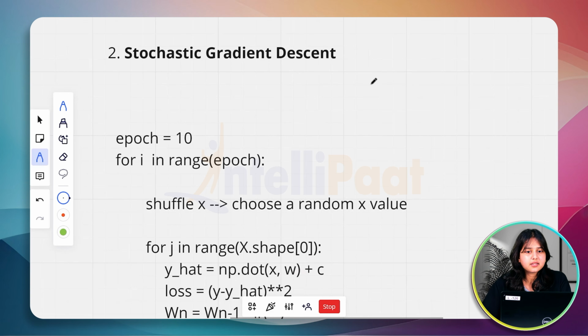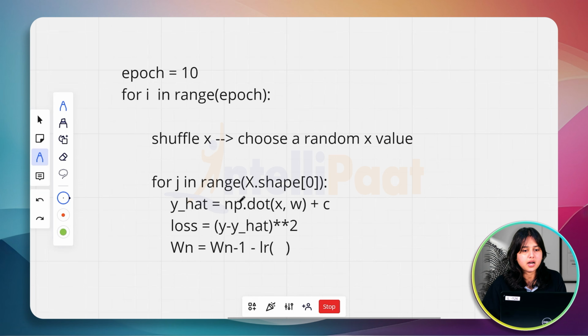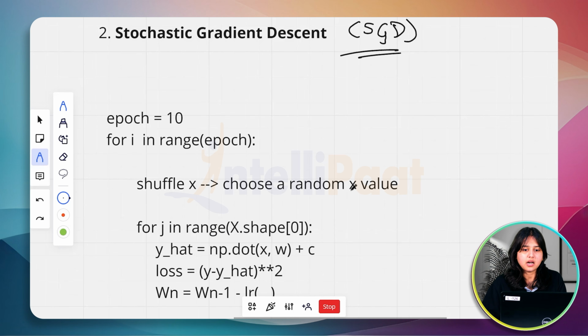Stochastic gradient descent is basically known as the SGD optimizer. What SGD does is it takes a single random sample at a time and then calculates the weight and updates the biases for each random sample, right? So let's understand the pseudocode first. We have defined the epochs.